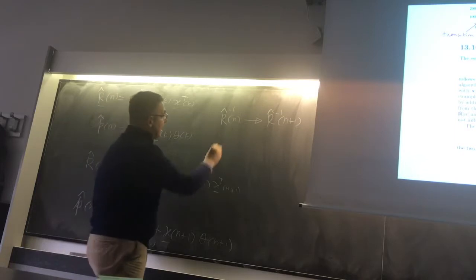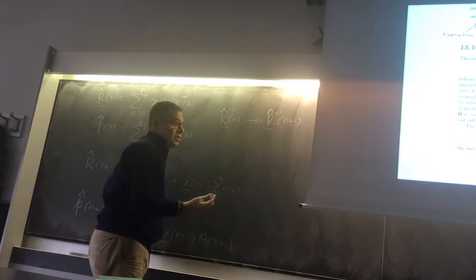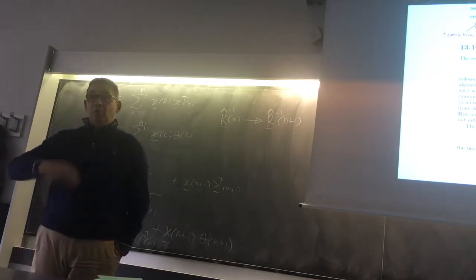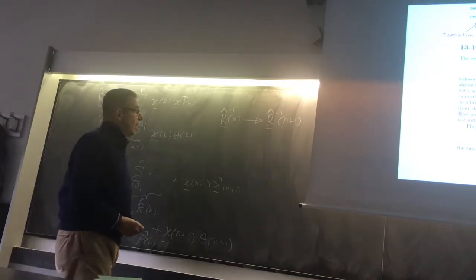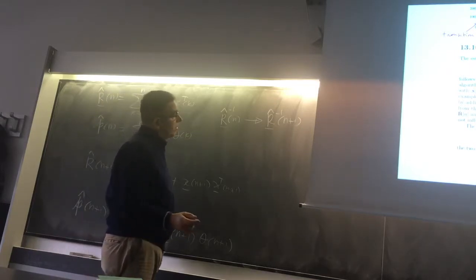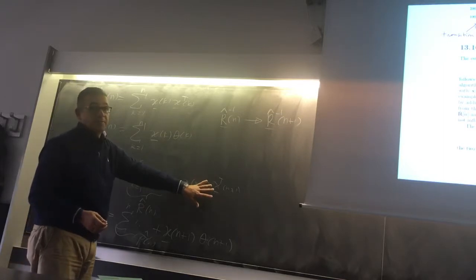And in making this update, I want to avoid the computation of order n cubed, so I don't want to repeat the computation again. The way to do it is to observe this update.